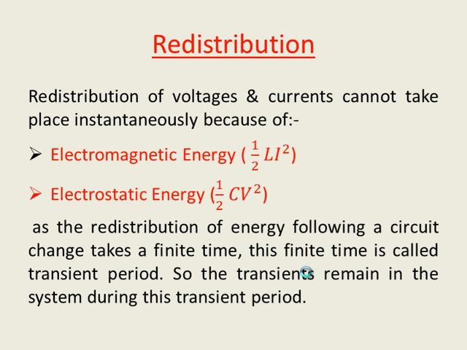So these two parts, the electromagnetic energy and the electrostatic energy already stored in the inductive and capacitive elements of the transmission line, will oppose these two quantities.